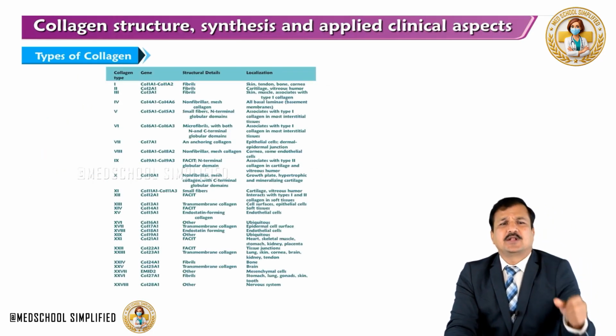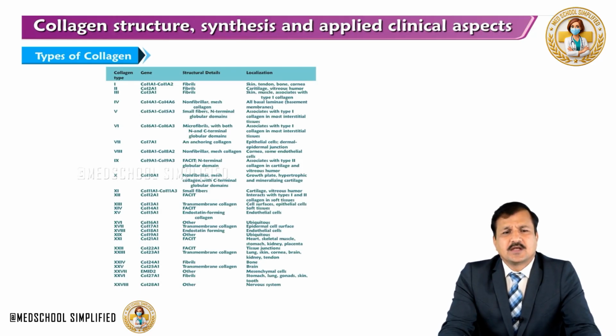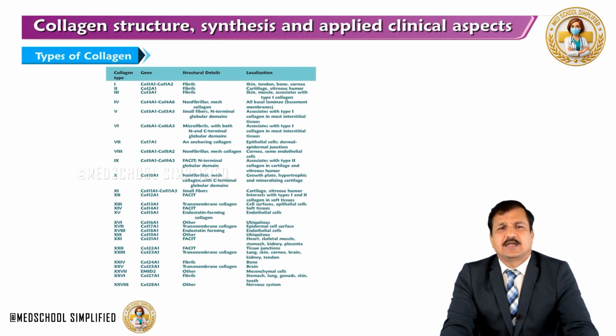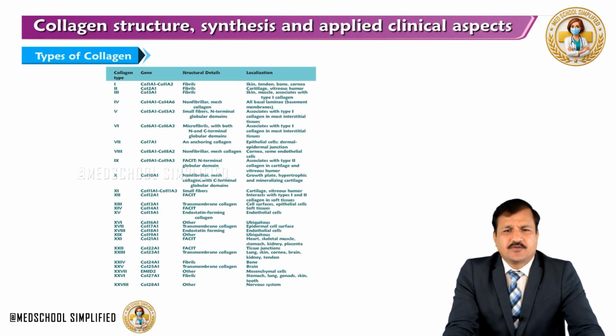Here is a table, just for your information, showing how these 28 distinct types of collagens are made, with the specific genes coding for each one of them, and the structural details of all these different types of collagen and their location. This is just for information.